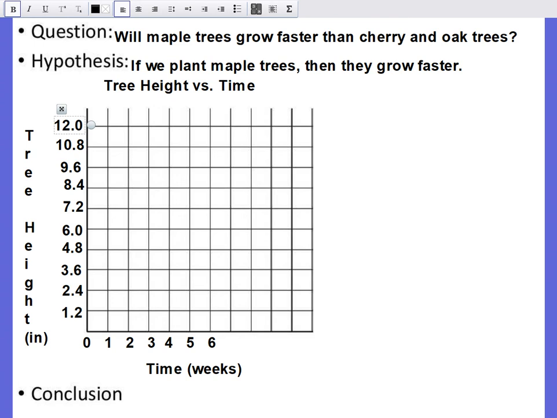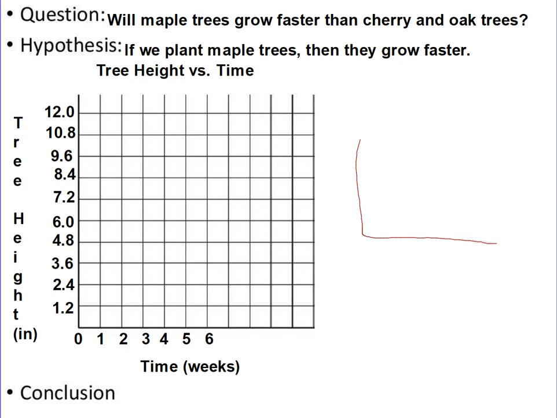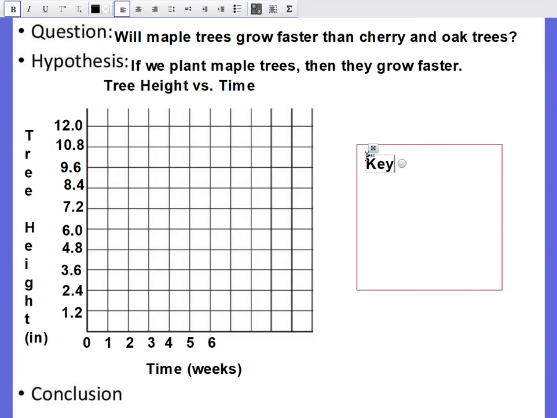Alright, now that I have my numbers set up, I'm ready to make my graph. The first thing I'm going to do is make my key. So I'm going to pick some colors here.